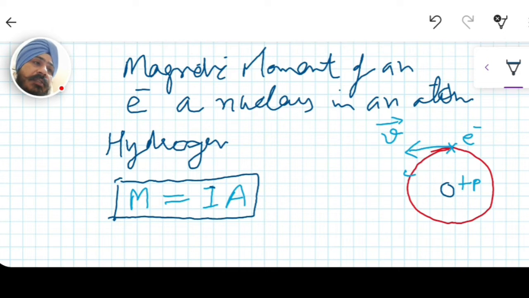So now in this case electron is revolving anti-clockwise. Therefore the current will be in the opposite direction. So current will be clockwise, which is opposite to the direction of the electron around this nucleus.